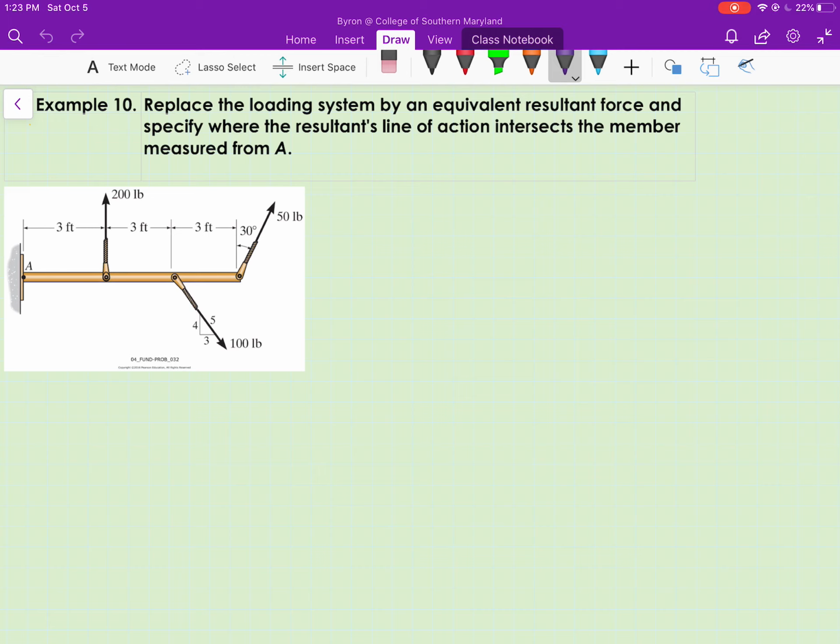The resultant moment at A is going to be perpendicular to the resultant force.